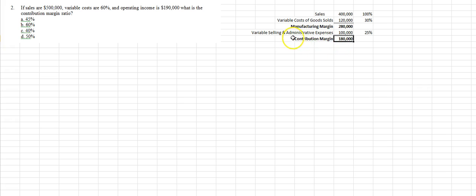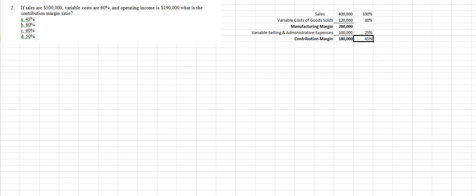In other words, contribution margin is sales minus all variable costs: variable cost of goods sold and variable expenses related to selling. So in this case, the contribution margin, as a ratio of sales, is going to be 45%, sorry, it's going to be 45%.